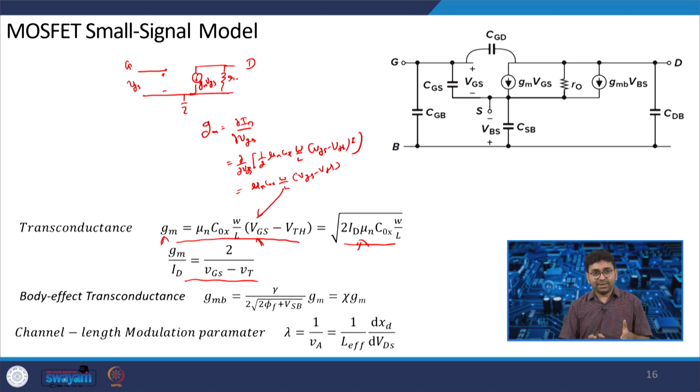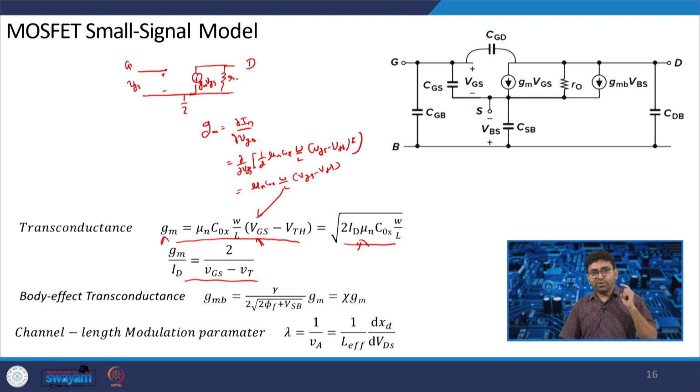The transconductance will remain the same, that is GM, and based on what kind of variable you are changing, it will change. Either you are varying the width, the gate to source voltage, or the current which is flowing through the transistor.